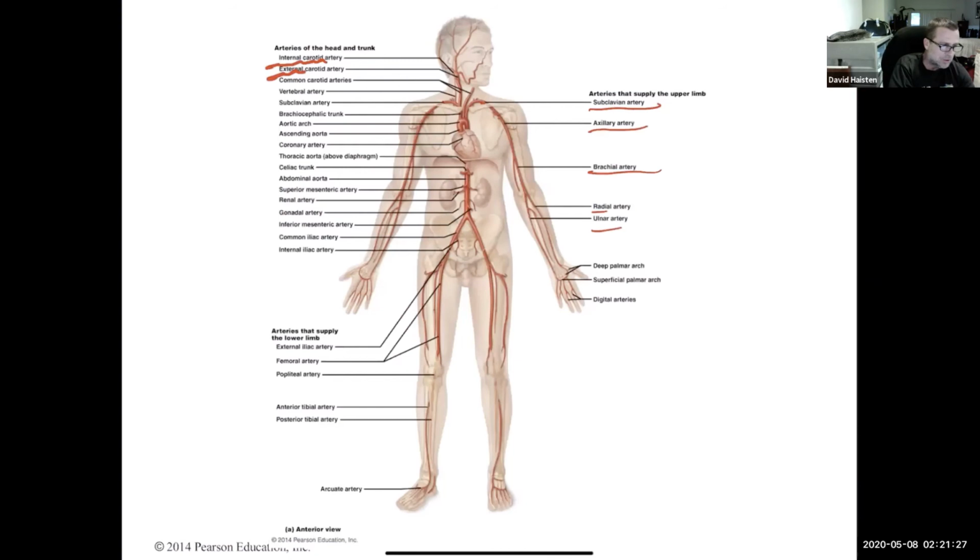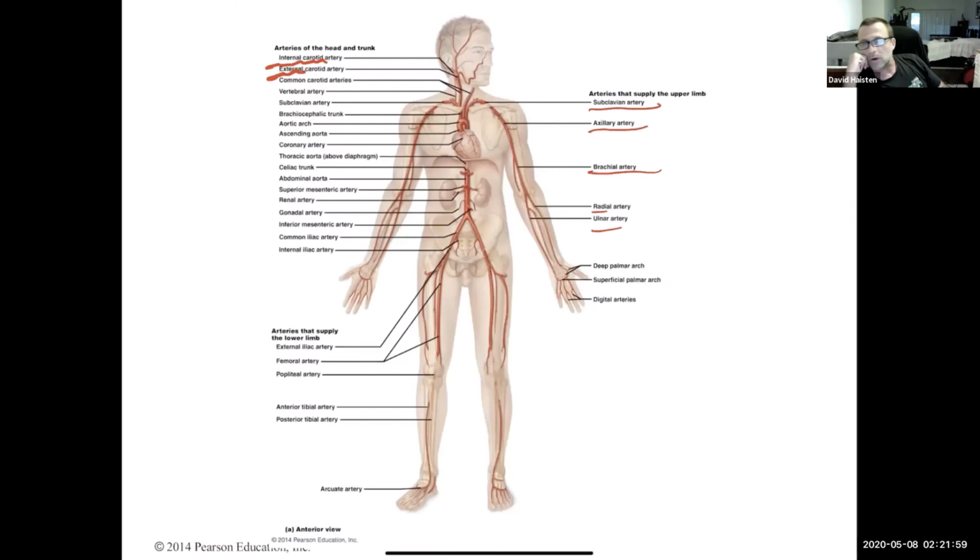Now, there is an artery that splits off the subclavian artery, right after those carotid arteries come off, where the carotid artery and the subclavians part ways from the brachiocephalic trunk, or if we're talking just the subclavian on the left side, we have the vertebral artery. It's one of the very first ones.